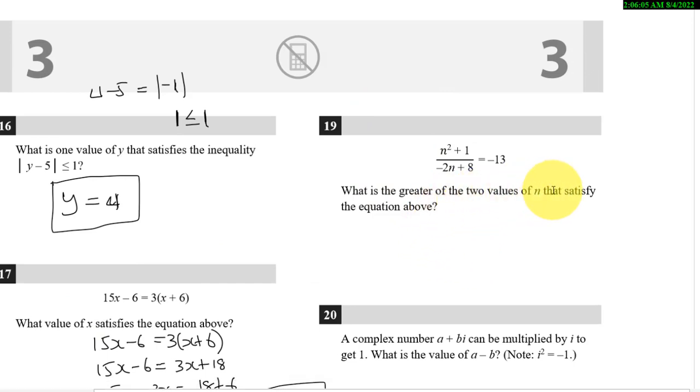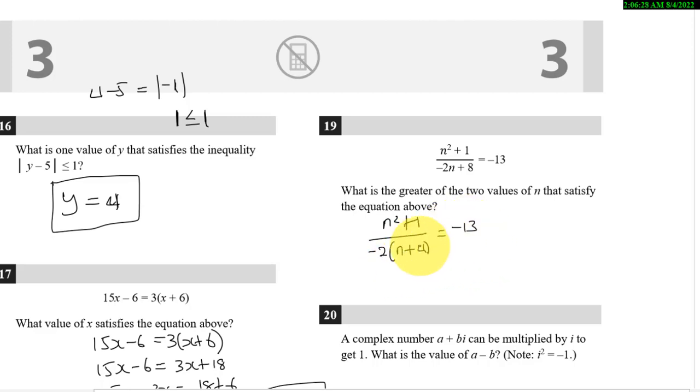What is the greater of the two values of n that satisfies the equation above? So this requires us to solve this equation. We're going to first cross multiply through. So when we cross multiply through here, we have the expression n squared plus 1 over minus 2n plus 4 is equal to negative 13.